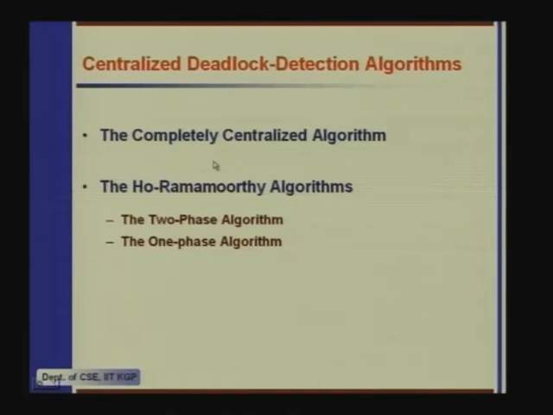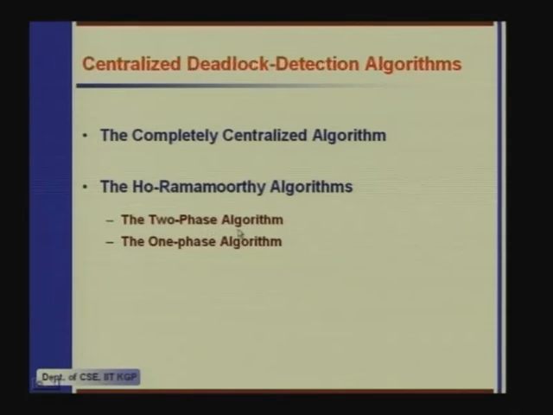We first looked at the completely centralized algorithm, where one site attempts to collect the information about the wait for dependencies in all the other sites and then constructs the global wait for graph. We saw that this algorithm suffers from the phantom deadlock problem, that is, it sometimes detects false deadlocks. Then we looked at the Ho-Ramamurthy algorithms, and in that we saw two algorithms.